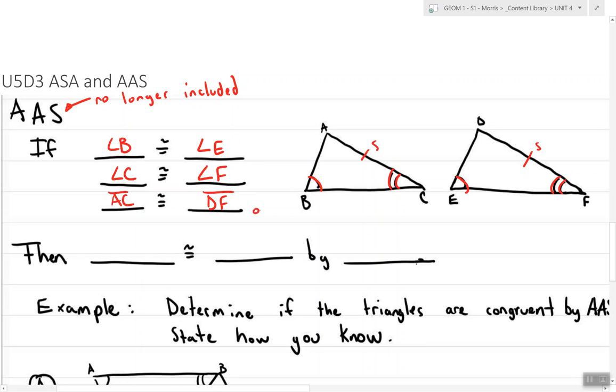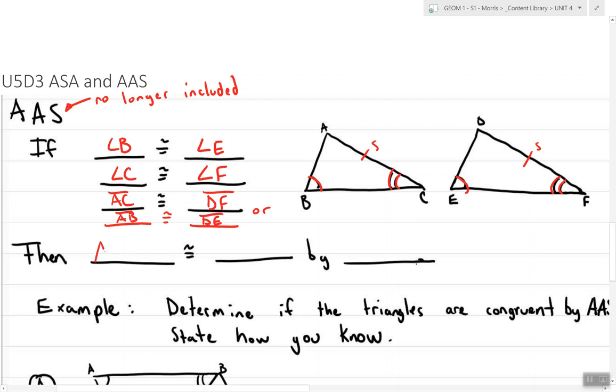But I can also have the answer AB is congruent to side DE as well, because it's also not included in the angle. As long as I don't pick BC or EF, it is an answer. So when you get to angle angle side, you're really going to have to decide which ones are going to tell you that you can use angle angle side, or you might have multiple answers within that same problem.